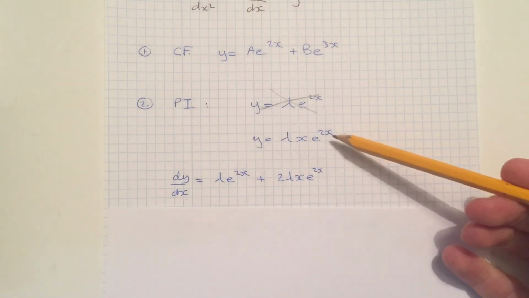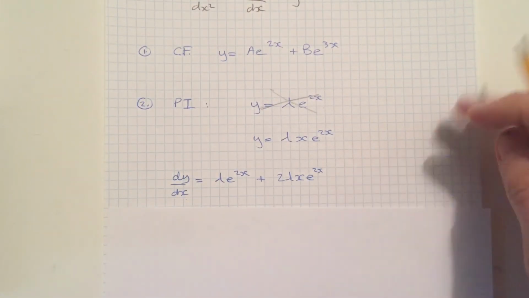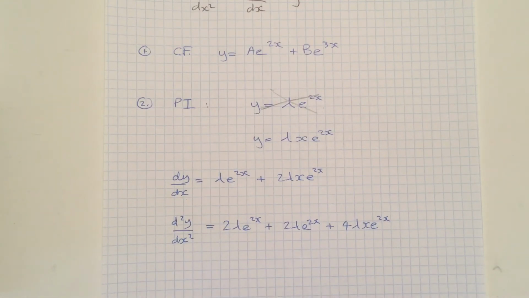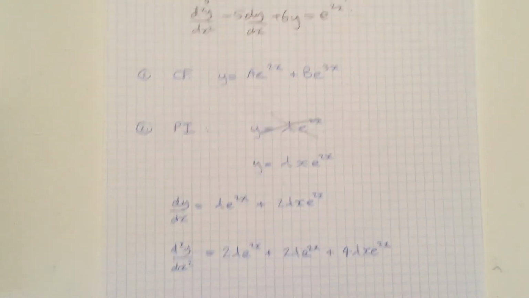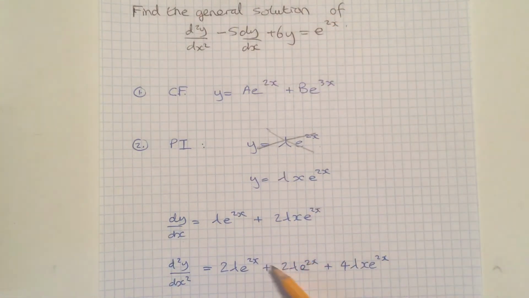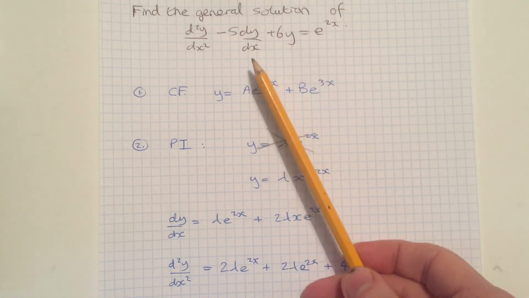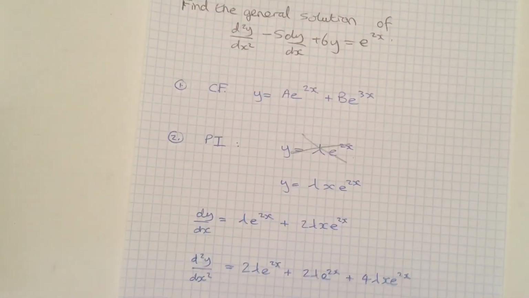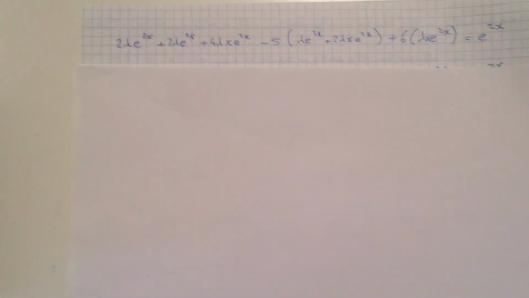So that's differentiating that using the product rule. I then differentiate this again to get that. I am now going to substitute both of these in up here. So I've got all of this minus 5 lots of this plus 6 lots of this equals e to the 2x.